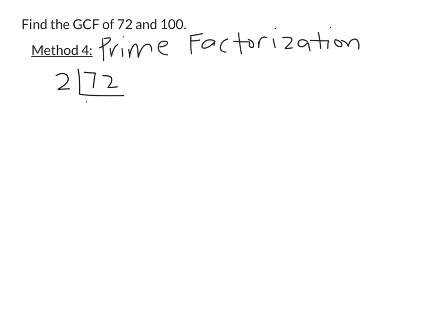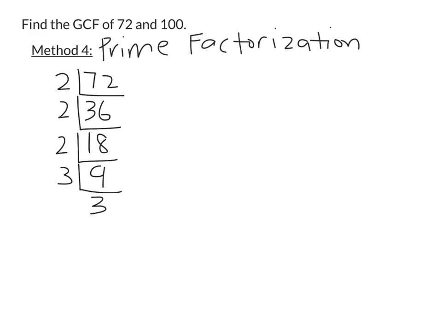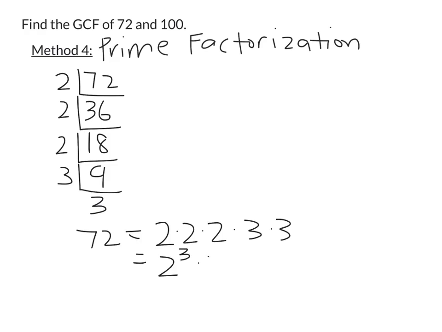And 72 divided by 2 is 36. And 36 is even. I'm going to divide it by 2. I get 18. And 18 I can divide by 2 to get 9. And I know that 9 is divisible by 3. So I can write 72 as 2 times 2 times 2 times 3 times 3, or 2 to the power of 3, because there are three 2's, and then 3 squared here.